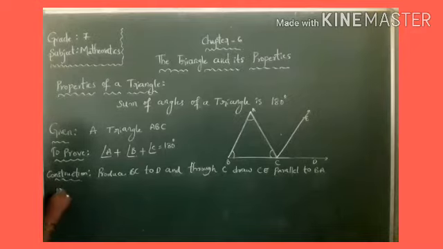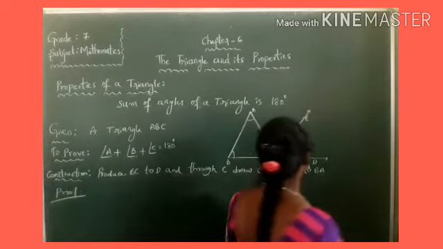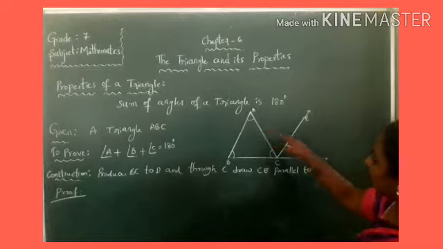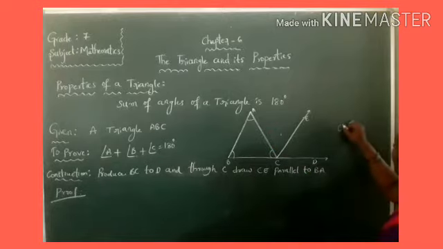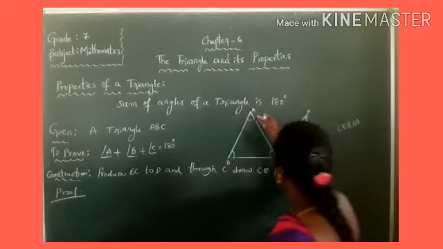Let me prove. Observe here, how many parallel lines do we have? Yes, two parallel lines, CE and BA.